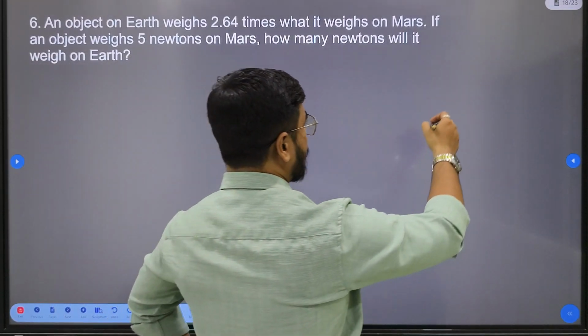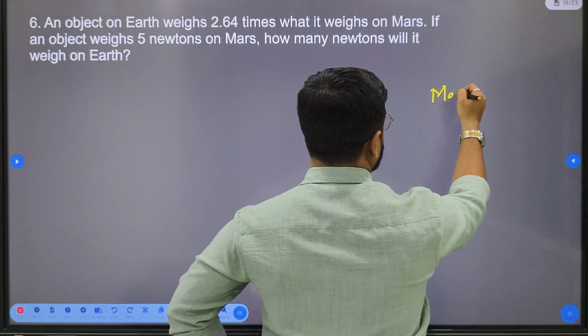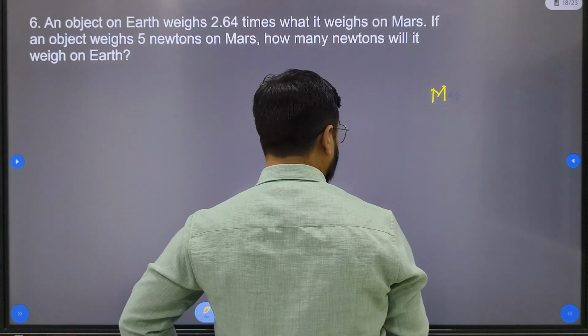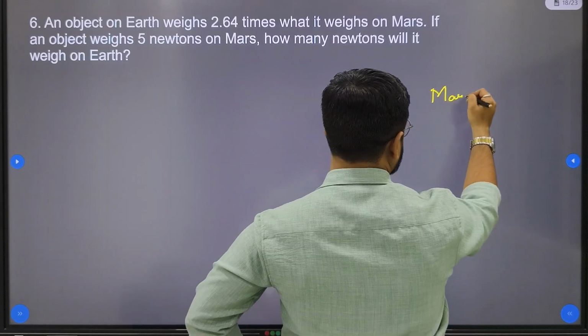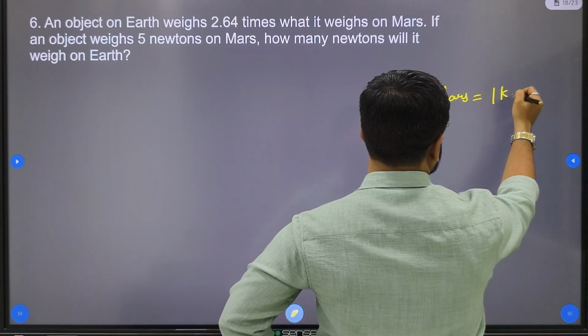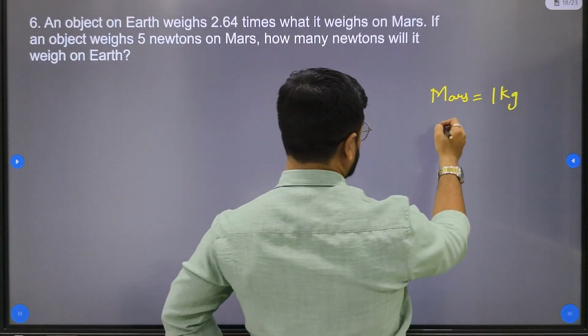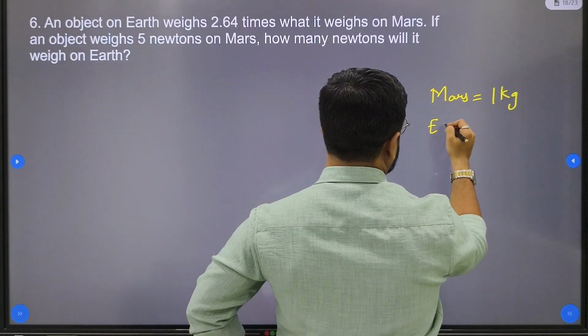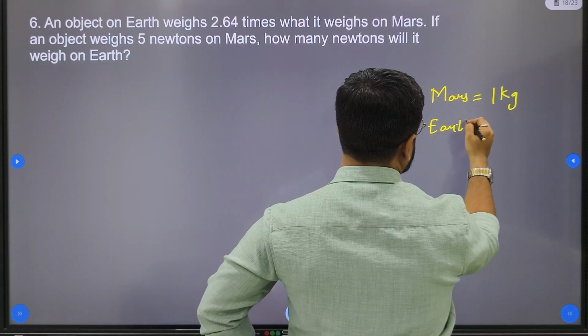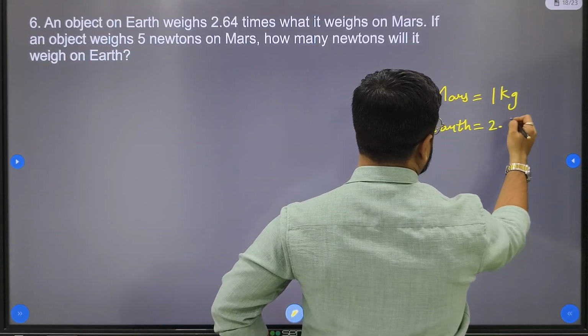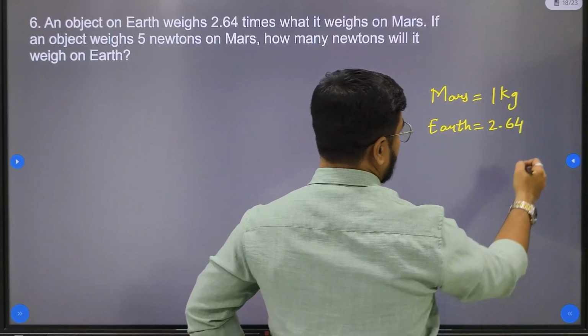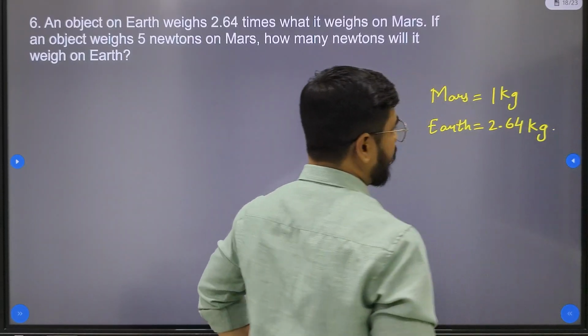So that means if an object on Mars weighs 1 kg, then its mass on Earth will be 2.64 kgs. That is multiplied by 2.64.